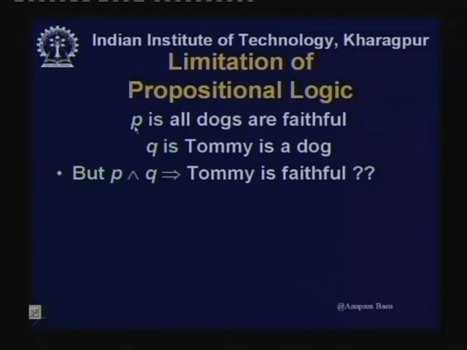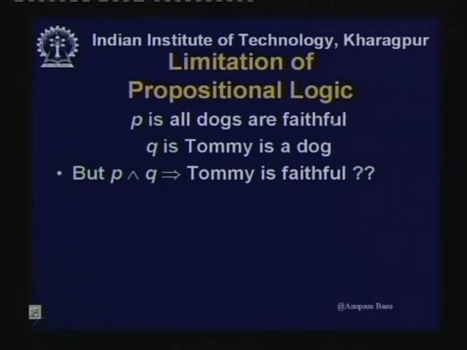Suppose P is the proposition that stands for all dogs are faithful, and Q is a proposition that says Tommy is a dog. But how do I know that Tommy belongs to all dogs?